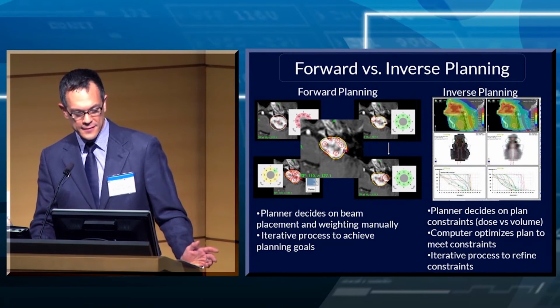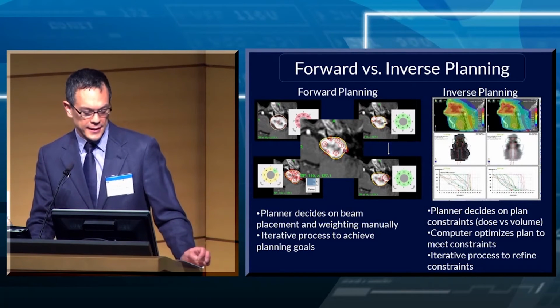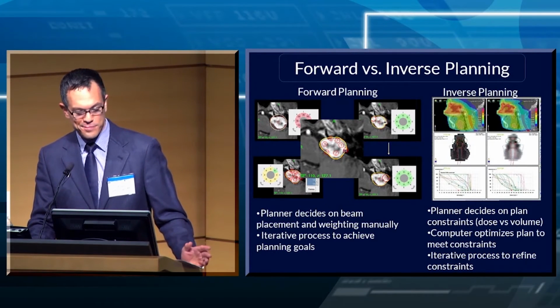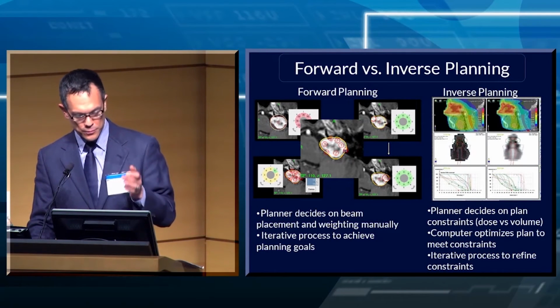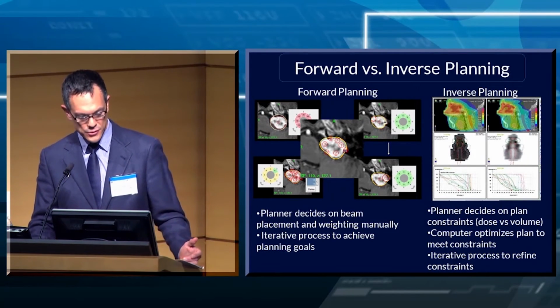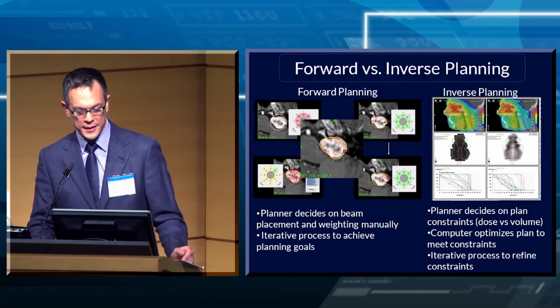There's two basic approaches to treatment planning. There's forward planning and inverse planning. In forward planning, the person doing the treatment planning manually decides basically everything from beam placement and beam weighting to how they want the shape of the isodose distribution to be, and it's an iterative process to achieve the different planning goals.